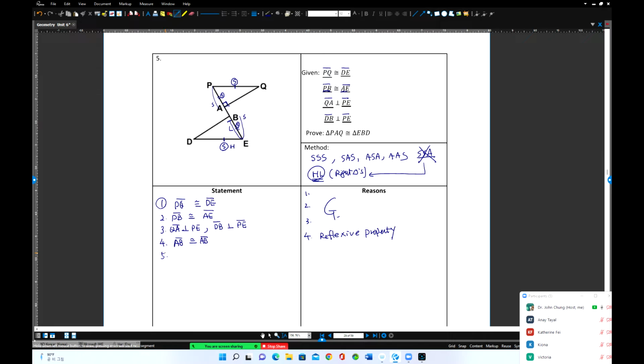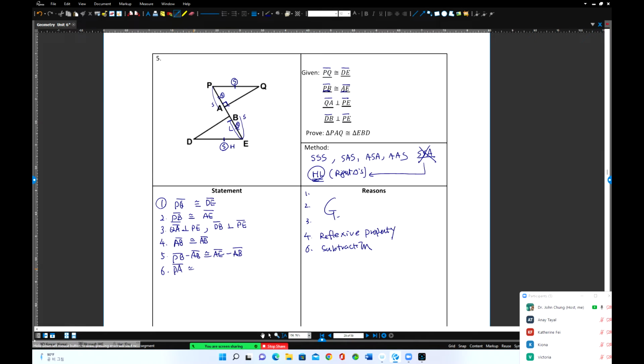The next one is subtraction, right? PB minus AB, this is congruent to AE minus AB. It's okay. That is a subtraction. So what is this, PB minus AB? PB minus AB equals what? PA. It's okay. So you can express PA.